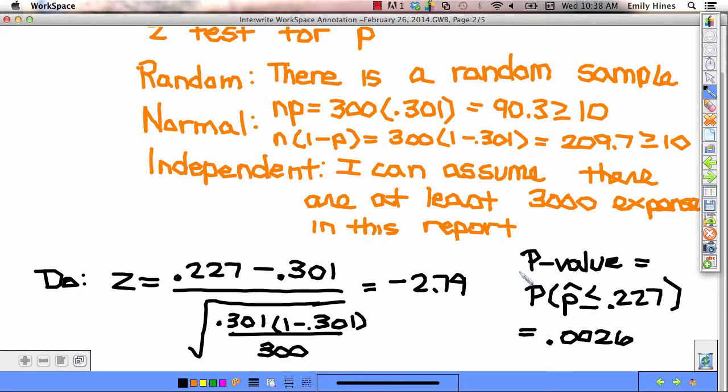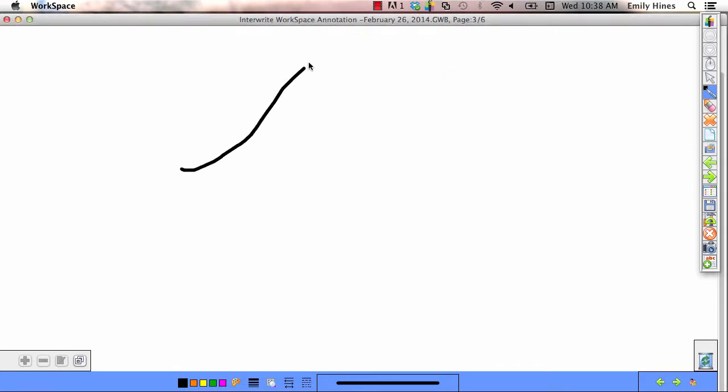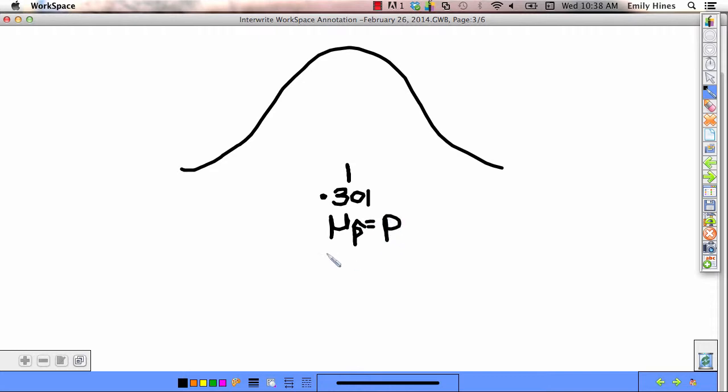This is a two-sided test. I only did this for less than or equal to, and there's a reason I only did it for one, because if you look at the picture, this is my actual, what we assume to be the true proportion, right? It's the mean of all of my p-hats, which is my true proportion. Okay, I want to know what is the probability that I'm going to be different. So not just greater than and not just less than.